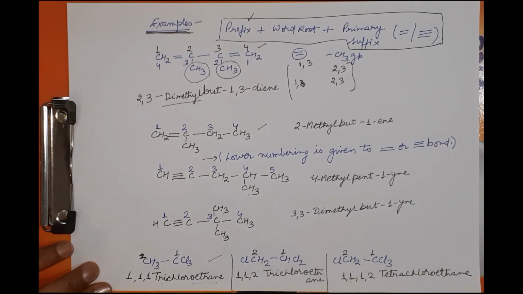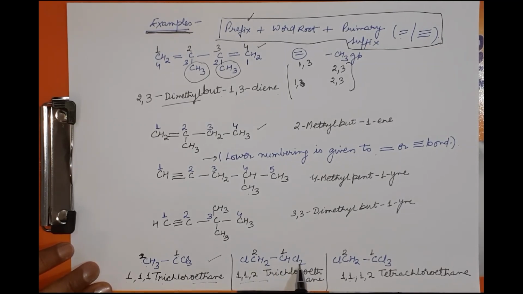Second example, in this case, 2 chloro groups are on C1 and 1 chloro group on C2, so 1,1,2-trichloroethane. And in this one, 1 carbon has 3 chloro groups and another has 1, so 1,1,1,2-tetrachloroethane.